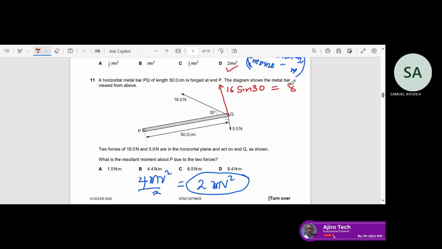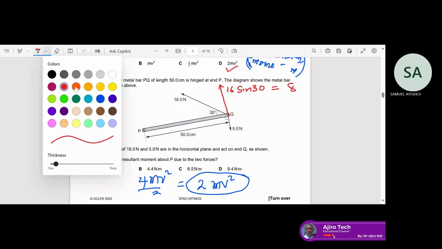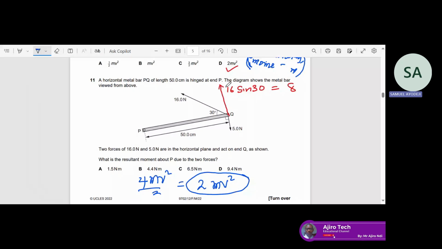Yes, it's 8. So 8 times 50 times 10 to the power negative 2. Take moments. This one will move like this, this also will move like this. This one is anticlockwise, why is this one clockwise?